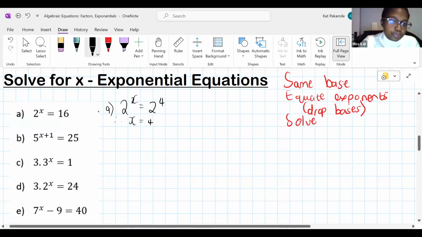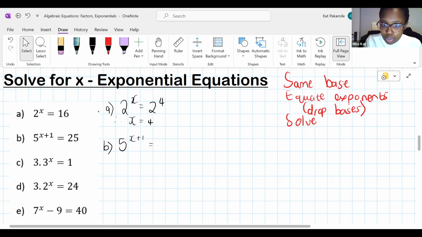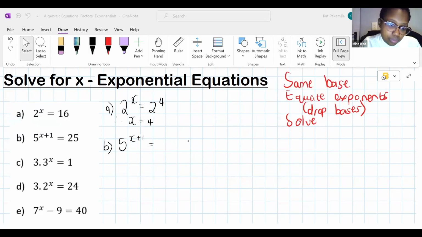Okay. So what you do is turn the 25 into a 5. It's going to be equal to 5 to the power of something.